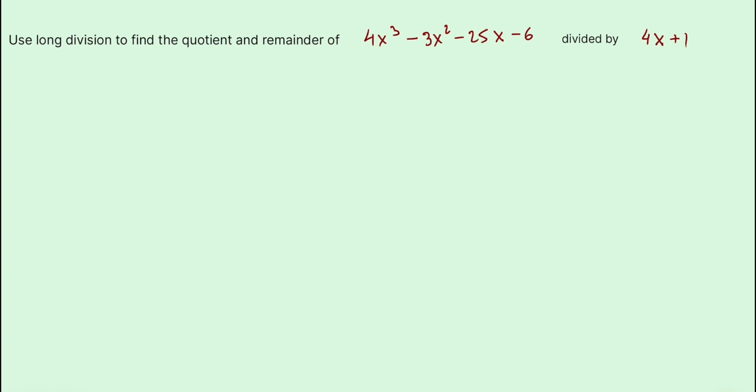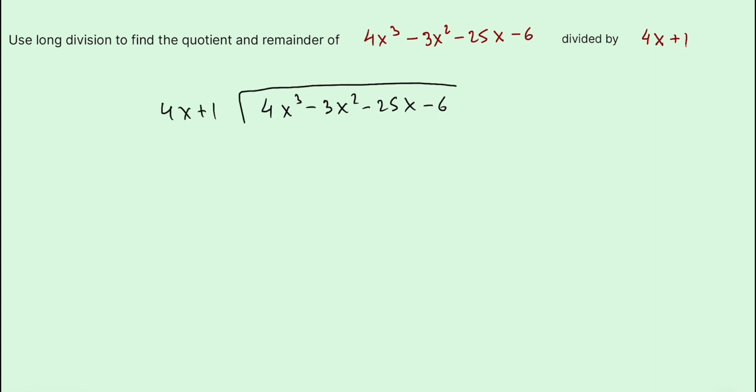In this example, we are dividing 4x cubed minus 3x squared minus 25x minus 6 by 4x plus 1. Let's write this out. We do the same thing: we divide the first term by the first term of our factor. 4x cubed divided by 4x gives us x squared.